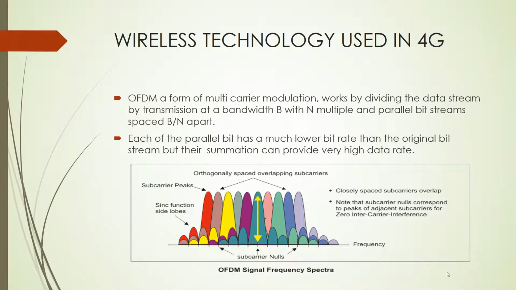OFDM, or orthogonal frequency division multiplexing, which is also known as discrete multi-tone modulation (DMT), is a modulation method for the modulation of a frequency channel based on FDM, frequency division multiplexing. In this technique, the frequencies and modulations of frequency division multiplexing are arranged orthogonally to each other to eliminate any interference between the channels.